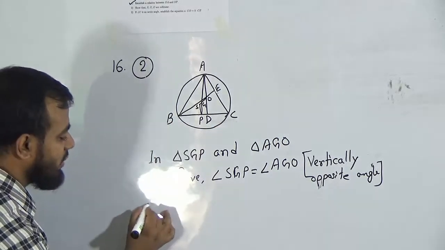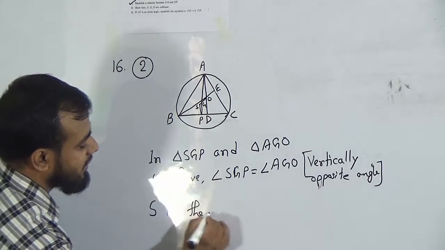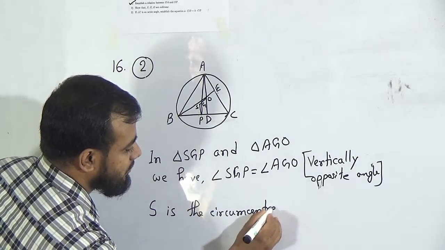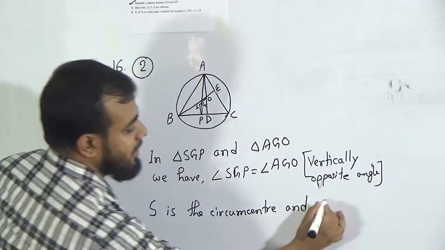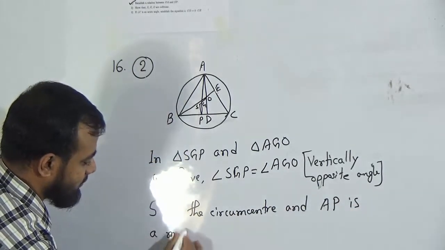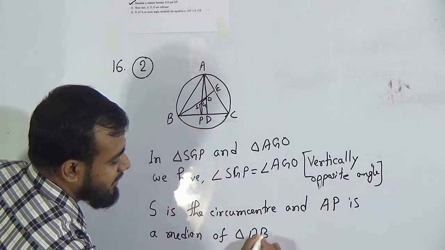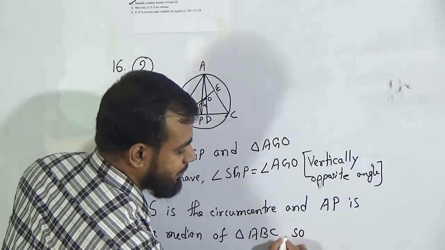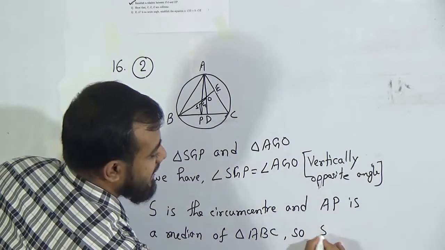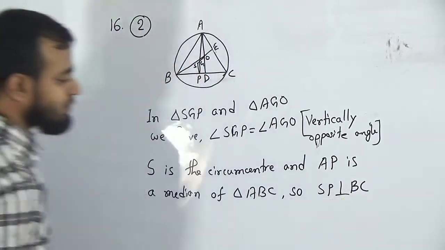You can write down here, S is the circumcenter and AP is a median of triangle ABC. So SP must be perpendicular to BC.